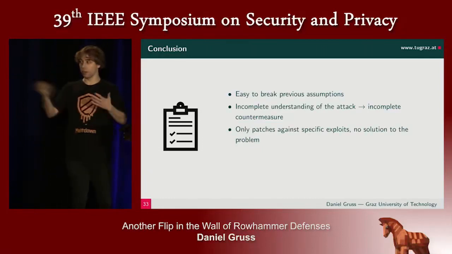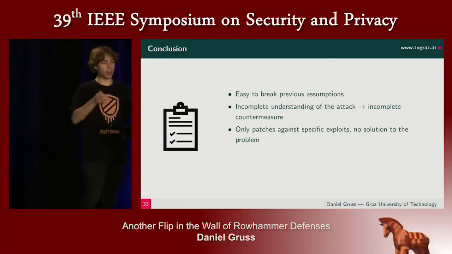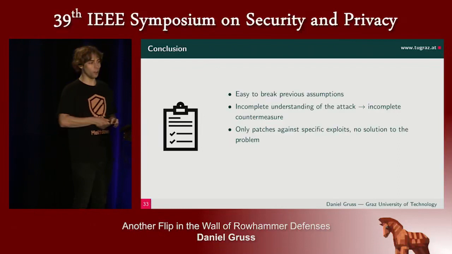And as we heard in the previous talk already, it's quite difficult to solve the problem because in the end it's an optimization problem. On the one side, you want to optimize for performance. On the other side, you want to not have Rowhammer bit flips. The problem is that the attacker becomes more and more powerful.